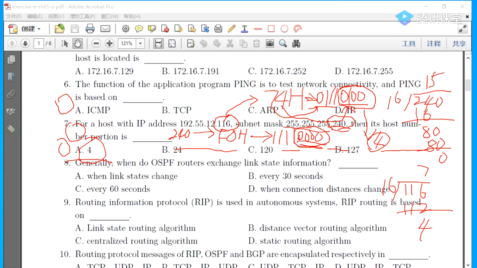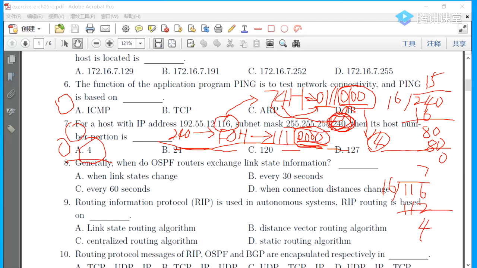All bits are 1, right? So we should look at the last byte, 240. 240 is 11110000.